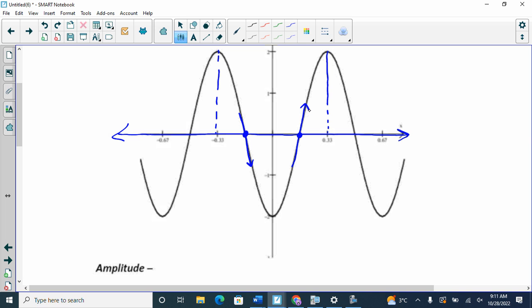And remember, your C is always the x value, right? It's just the x value where it lands. So what's this one going to be at? This one's my negative sign. This one's my positive sign.